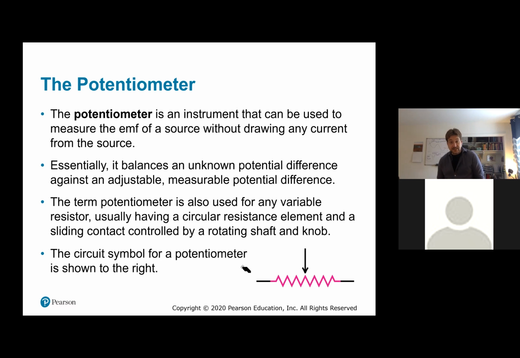And the reason is that it is used to measure an unknown resistance by comparing potential differences. Actually, what we're doing is measuring the potential across a particular resistor, and then using that and what we know about resistors, that they are ohmic, to talk about the resistance.